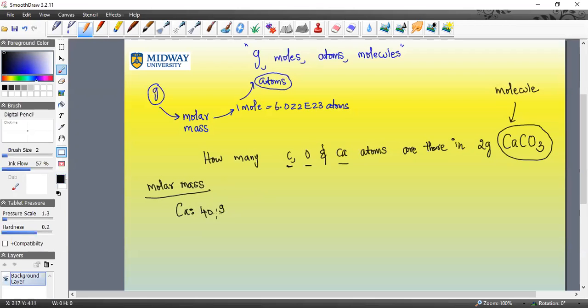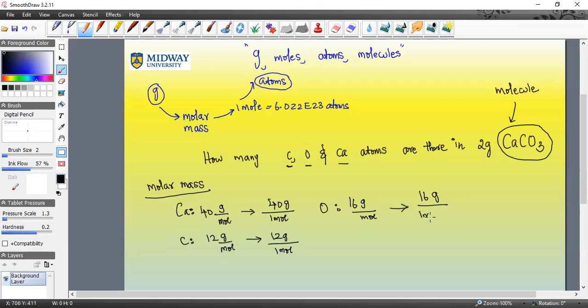So it's 40 grams per mole, which is the same as writing 40 grams over 1 mole. Both are correct representations. Carbon is 12 grams per mole, the same as 12 grams over 1 mole. And oxygen is 16 grams over a mole, the same as writing 16 grams over 1 mole. To calculate the molar mass, simply add them all up.